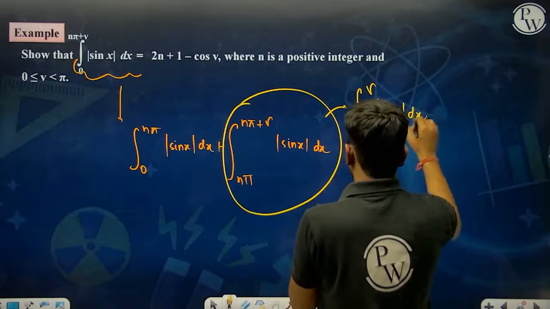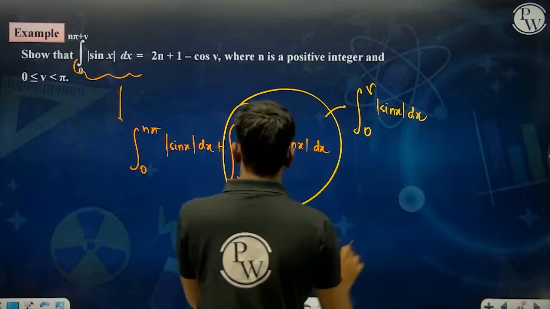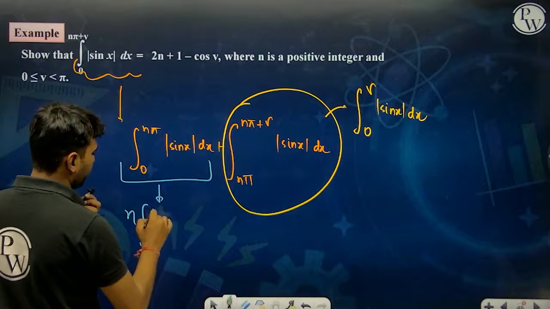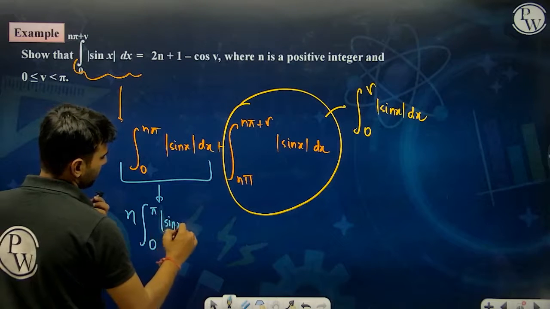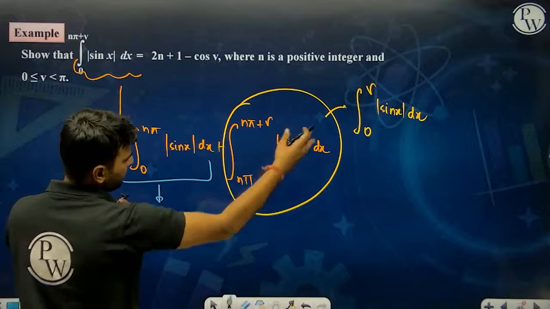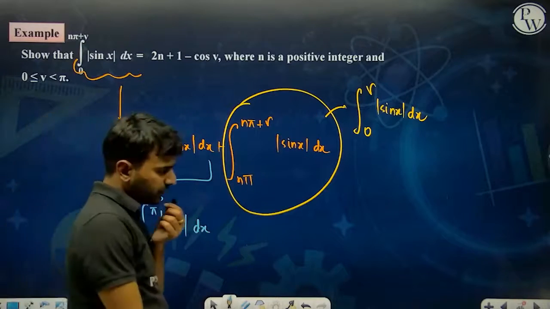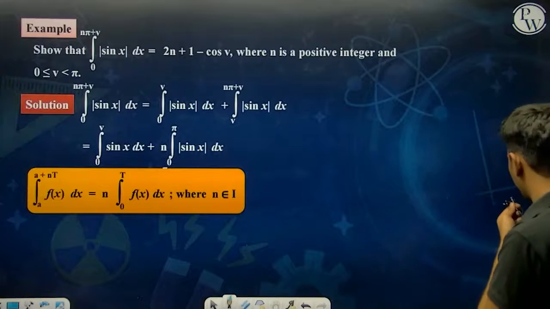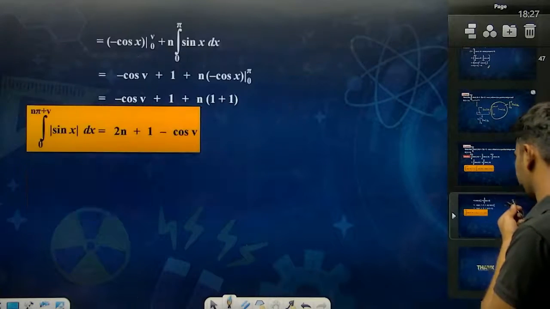So now I think you will be able to solve, because this is a periodic function. So this can further be rewritten as n times of 0 to pi mod sin x dx, and then this can be solved also pretty comfortably. Solution I have attached for your reference, kids.